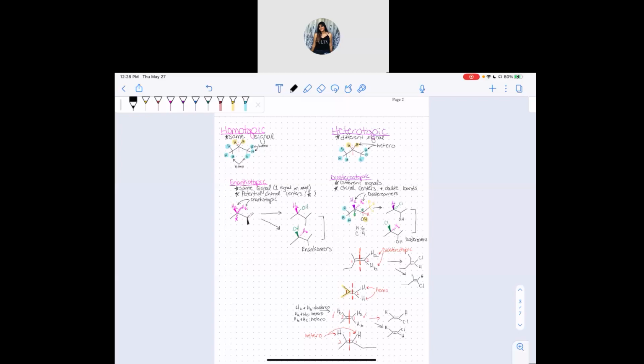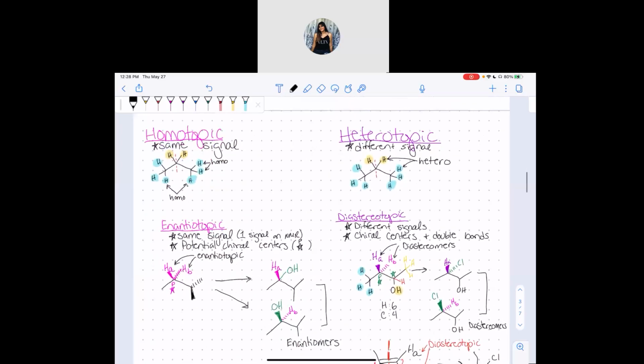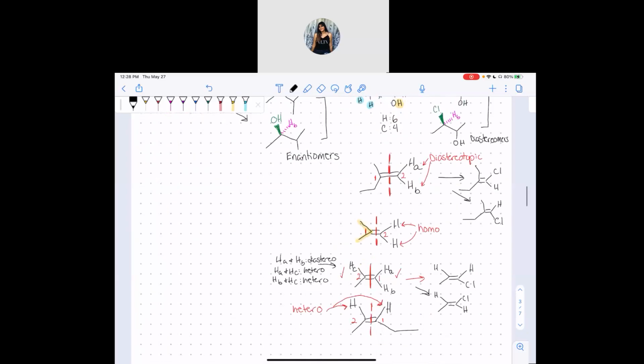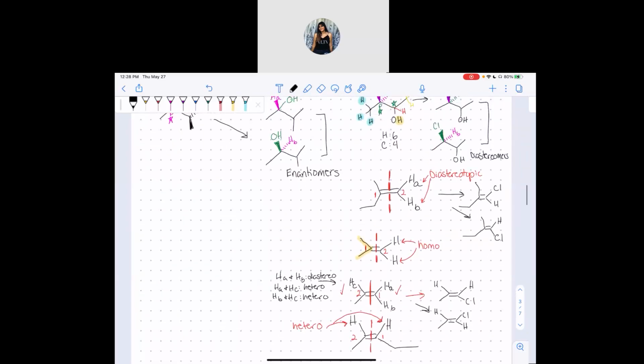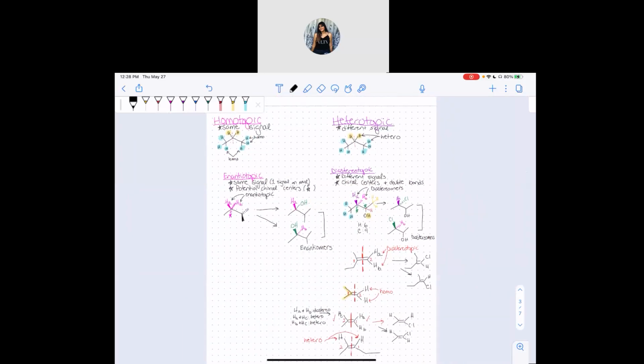Bam. Okay, so now I'm going to zoom in to this part. And then this part. All right. And just in case, I'll zoom out all the way one more time.